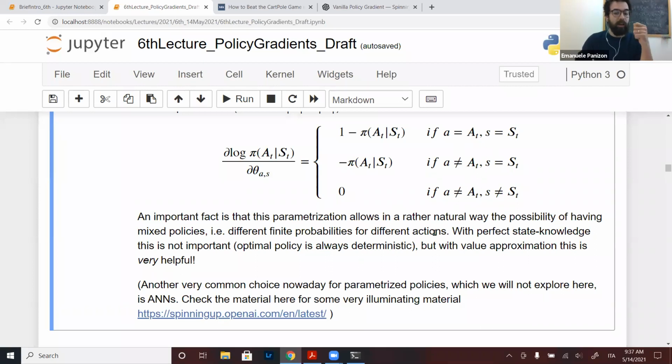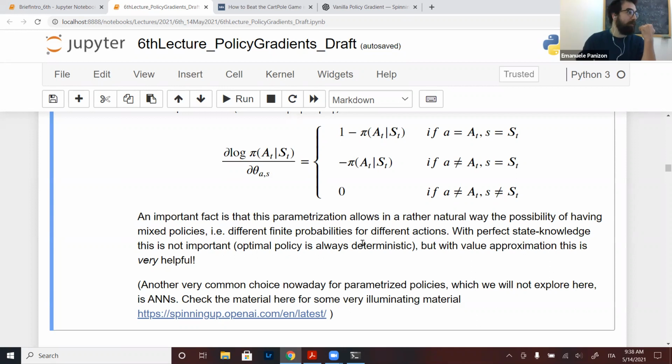For example, it can be that there is a parameterization in which I have two actions, where action 1 is taken with probability 30%, and action 2 is taken with probability 70%. Okay, so when we dealt with value approximation before, this was not extremely important, in the sense that there was always an optimal action, or there could be ties among optimal actions, but then the probability was split between these actions.